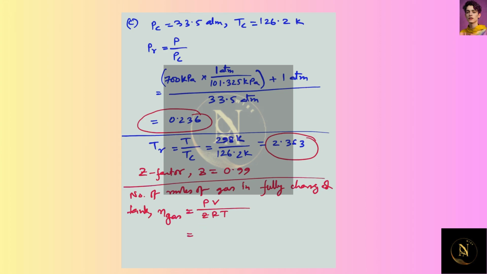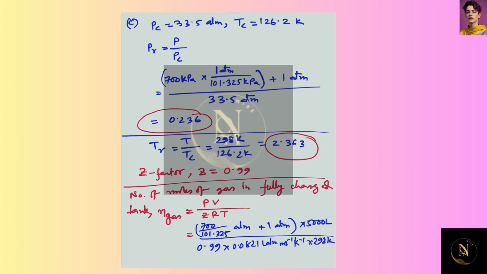Pressure is, again let's convert it to atmospheric pressure, 700 kilopascal, 700 divided by 101.325 atmospheric pressure plus 1 atmospheric pressure, multiplied by 5000 liter divided by Z factor 0.99, temperature 298.